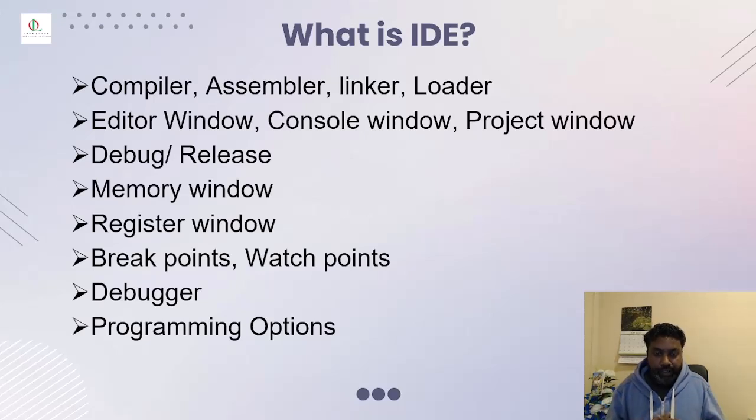And what is a compiler? A compiler is where you write the code on the text editor, and the compiler gets that C file and converts it to give you assembler source code. The assembler gets that assembler source code and converts it to give you object files. Then the object files are sent to the linker.